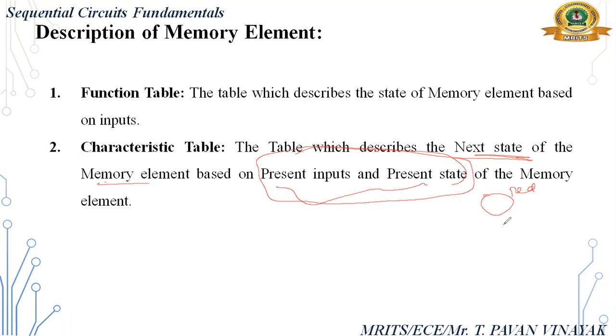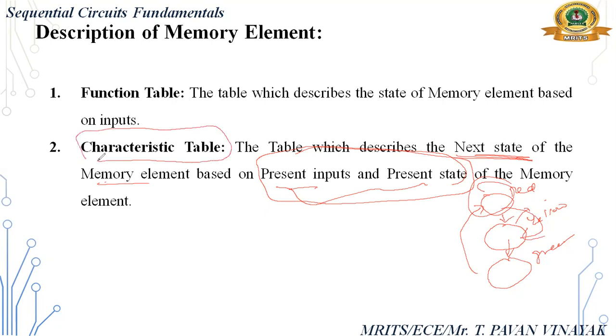You all know, that is yellow, because ready to move. After yellow, we get green. After green, we get red color. This is the rotation, right? So based on present input and present state, we estimate the next state. That table is called the characteristic table.